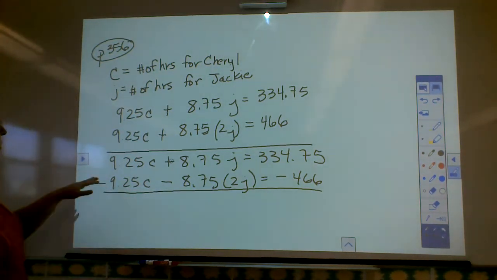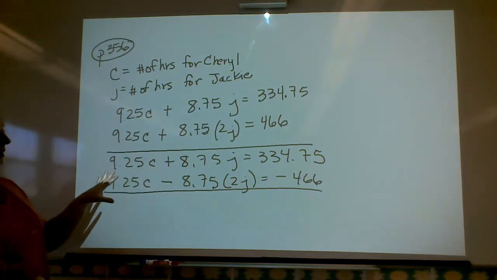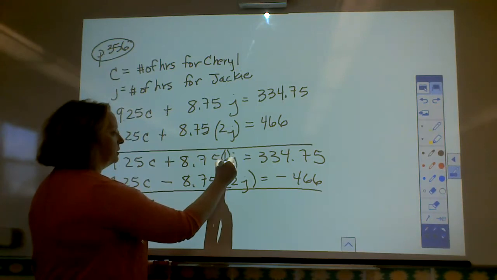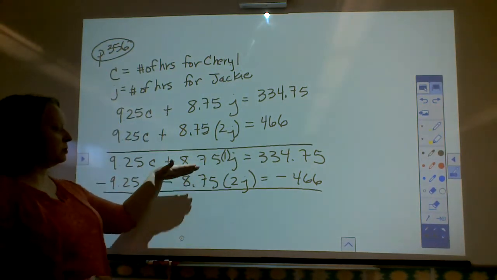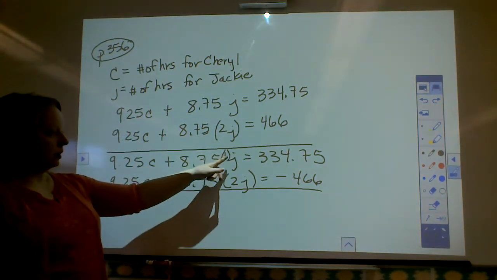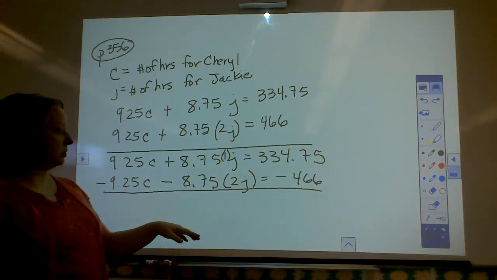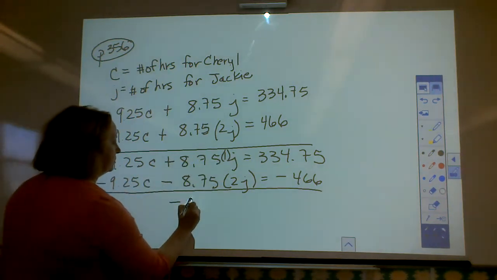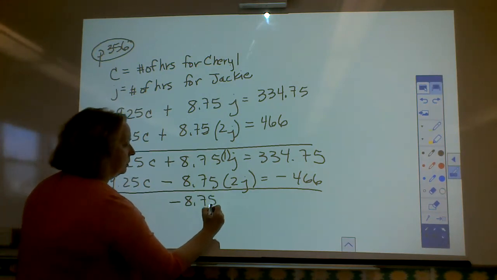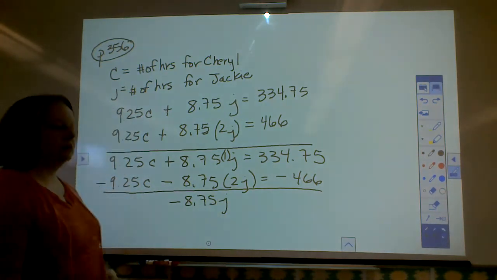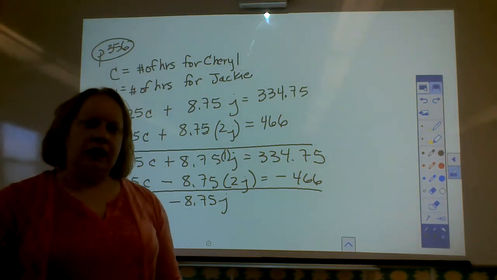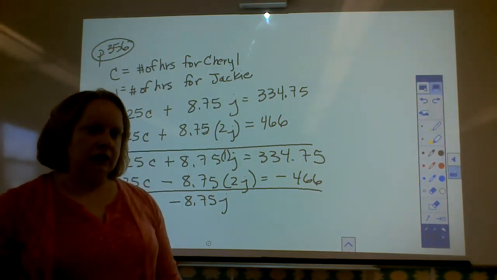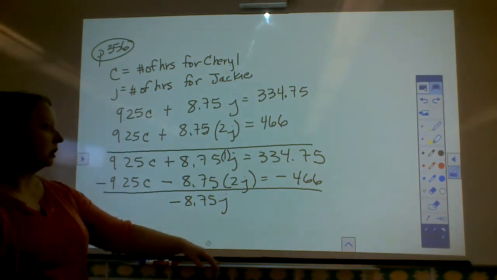If I add, this is gone. This is times 1, so to speak, and this is times 2. So if we add 1 minus 2, it's going to be a negative 8.75J. It's just like adding 1x minus 2x. You're going to get a negative x, and that's what's happening here.